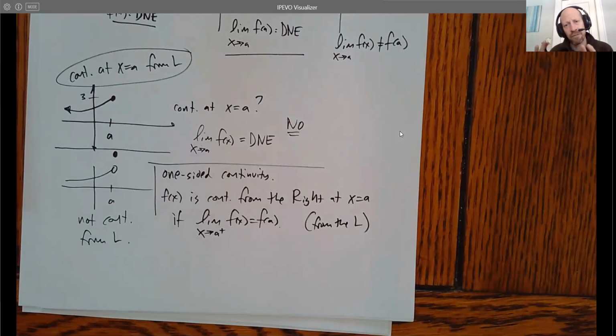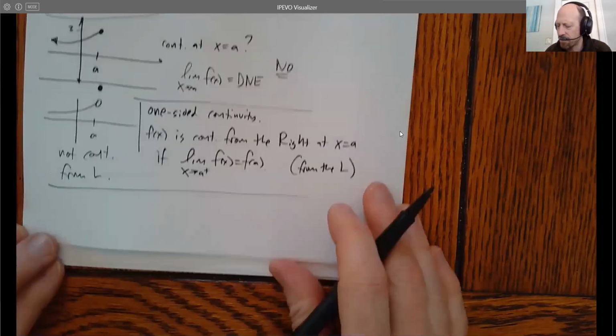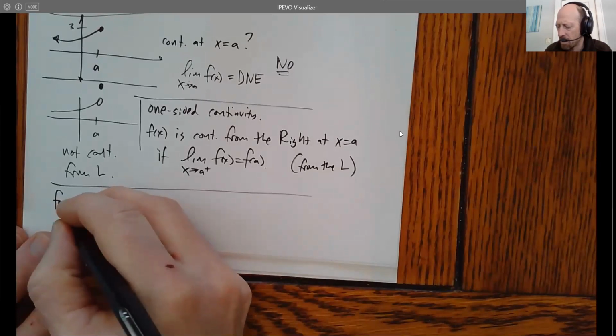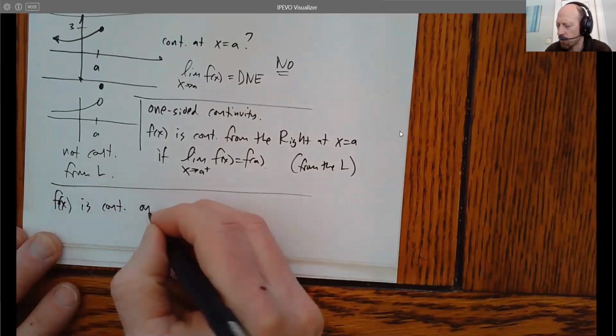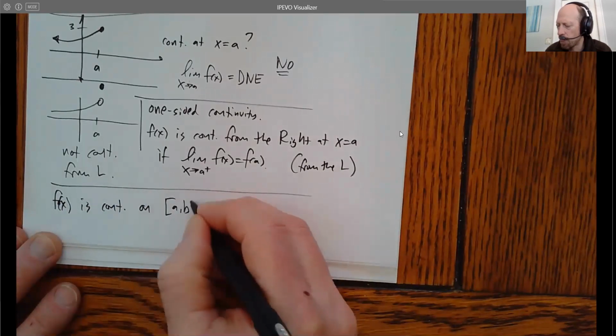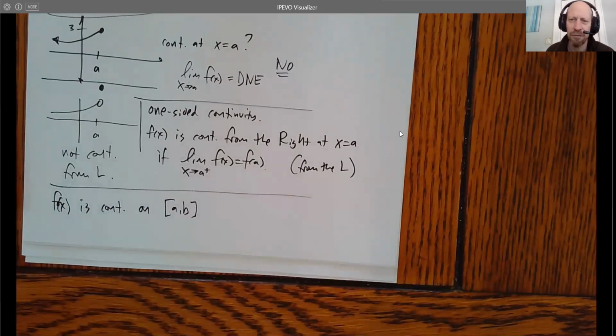So we have continuity, and then we can refine that a little bit to one-sided continuity, and we can put all that together to say f of x is continuous on a closed interval. This is a lot of times how we like to talk about continuity: we're going to say it's continuous on a closed interval.